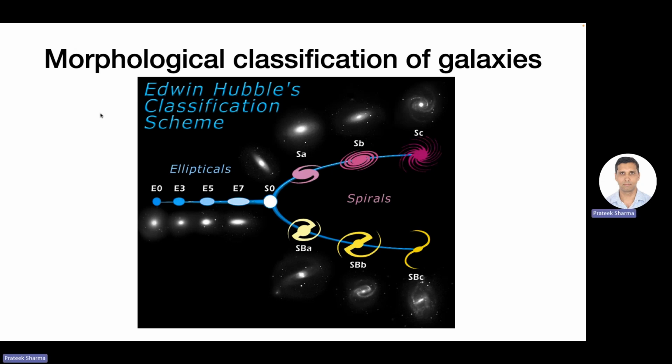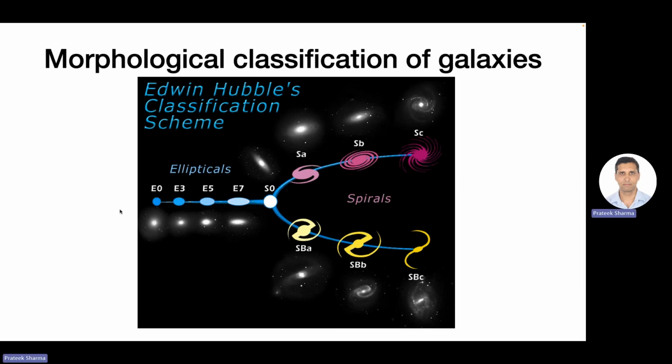This classic classification of galaxies according to their appearance is called morphological classification. Basically, you look at the appearance, the morphology of the galaxy, and try to classify them. This is a modern version of Hubble's classification, called Hubble's tuning fork, and as you can see, it's drawn in the form of a tuning fork.